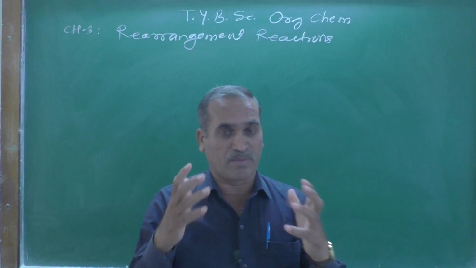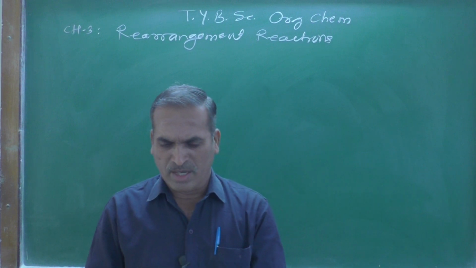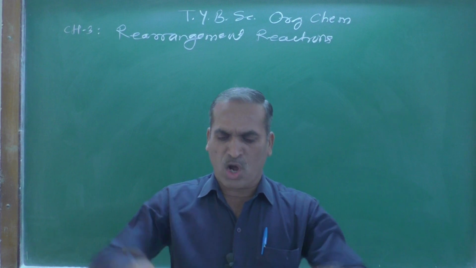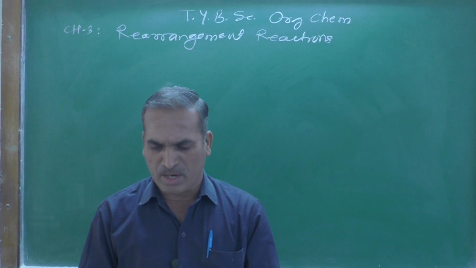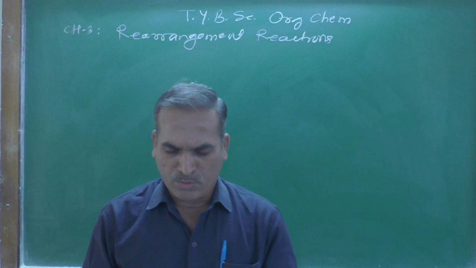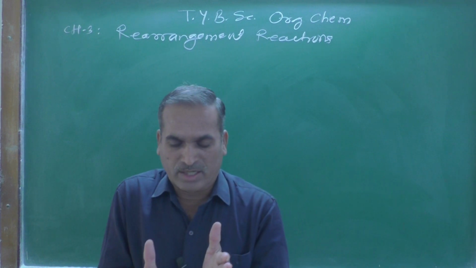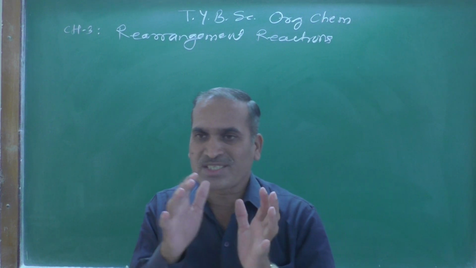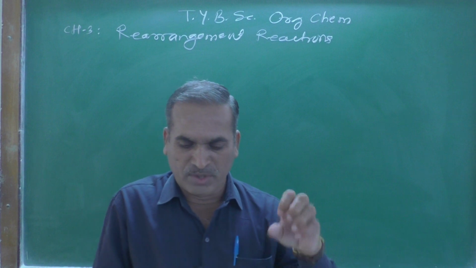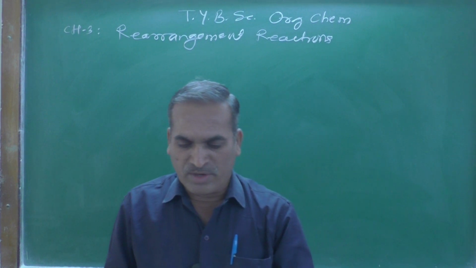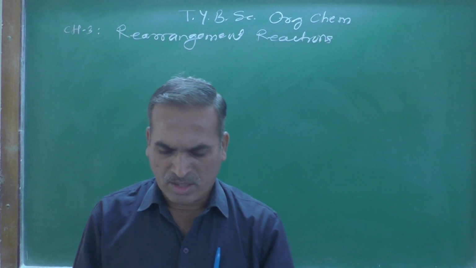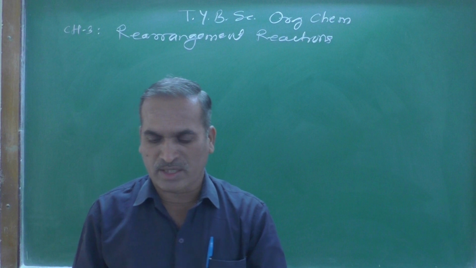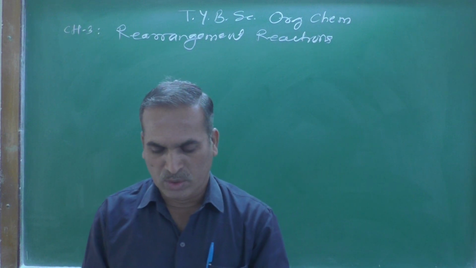It is a broad class of organic reactions where the carbon skeleton of a molecule is rearranged to give a structural isomer of the original molecule. Often a substituent is moved from one atom to another atom in the same molecule.